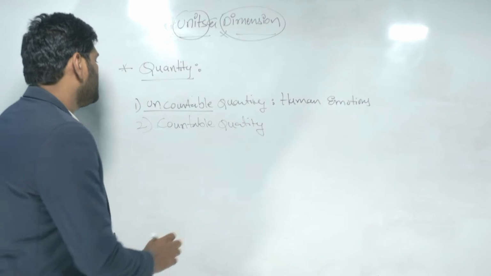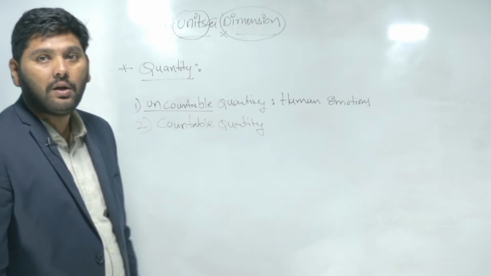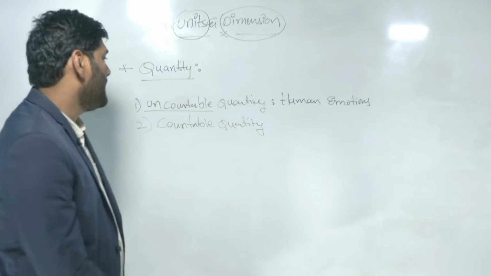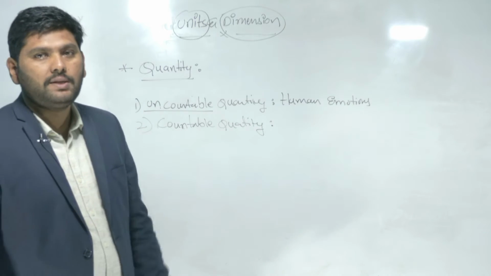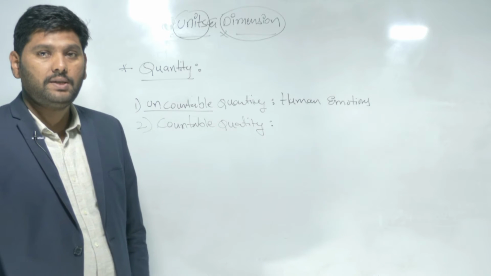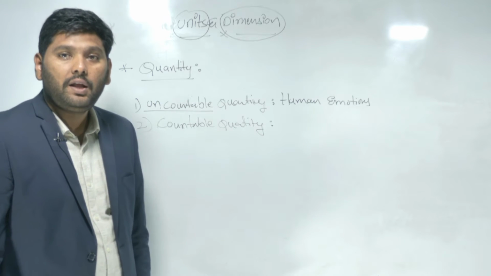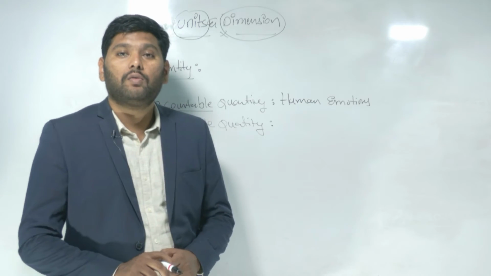Now let us talk about countable quantity. What is this countable quantity? A countable quantity means any quantity which can be measured. Understand? Any quantity which can be measured is known as countable quantity.